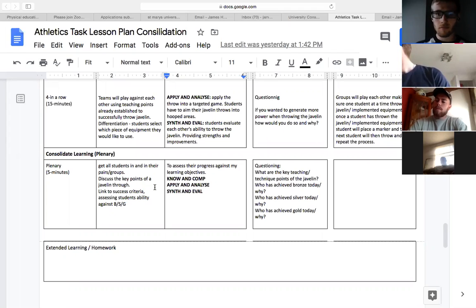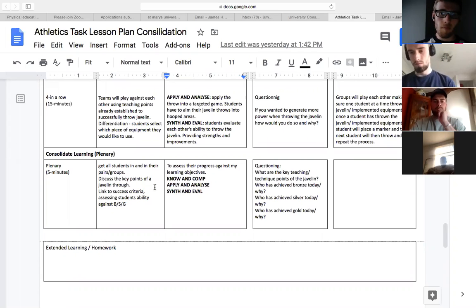In terms of a safety aspect, we have given the option to students to use 2 different types of resources, whether it be an actual javelin or a vortex or a tennis ball. And we've also distanced all groups, making sure that nobody is in any area where any health and safety issues could take place.